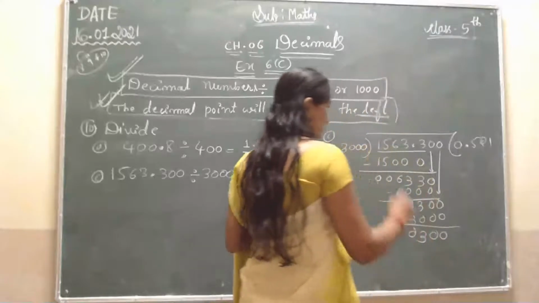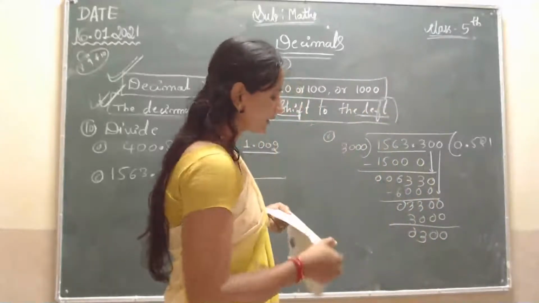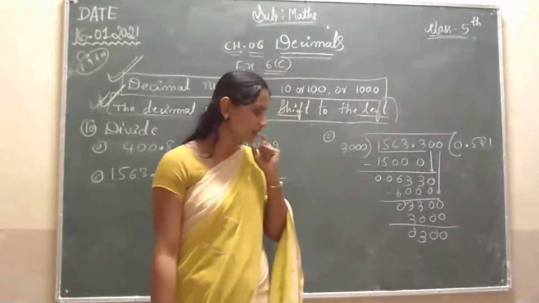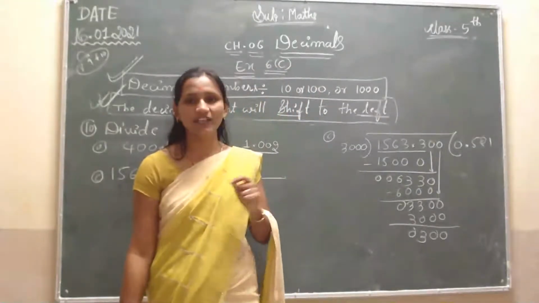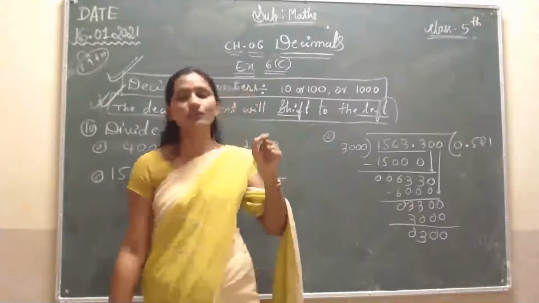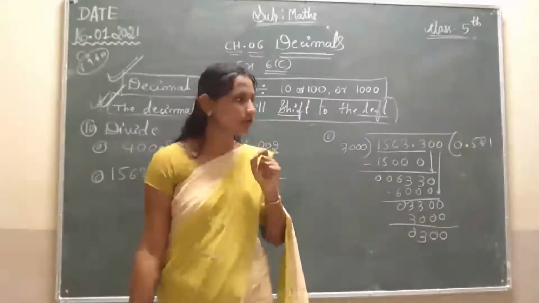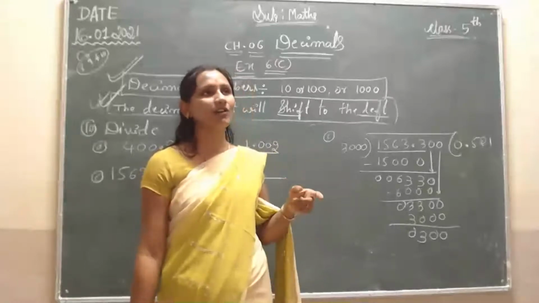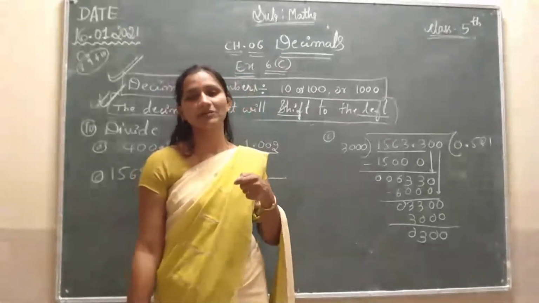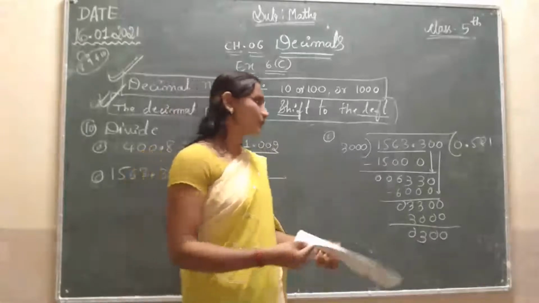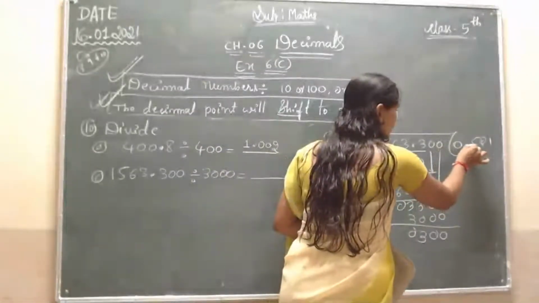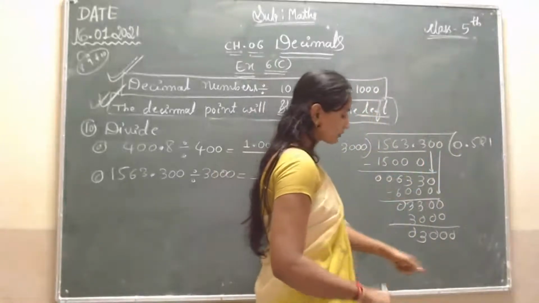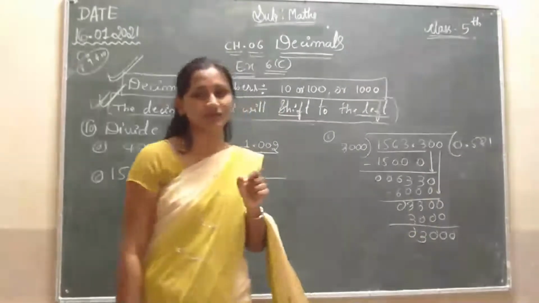Okay. Students, only the remainder is left here, 300. Now you can see in the quotient, one time you have to write the point. So you have to take the remainder or divisor's point, and you have to take 0 any time, that is the rule of division. So already you know the point, so you have to write 0 here. Again you have to write zeros. What is the value? That is 3,000.